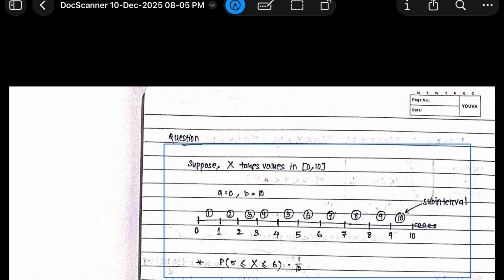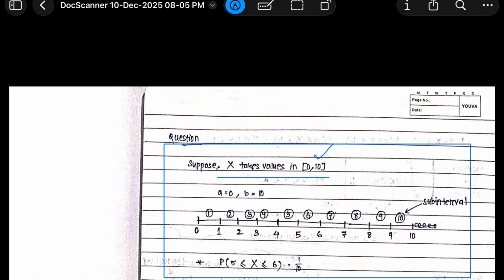Sorry, before that, let me make you understand what the question wants you to find. You have x in an interval from 0 to 10.